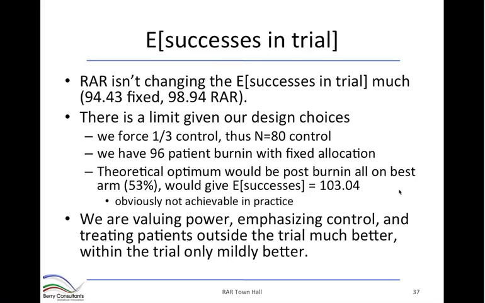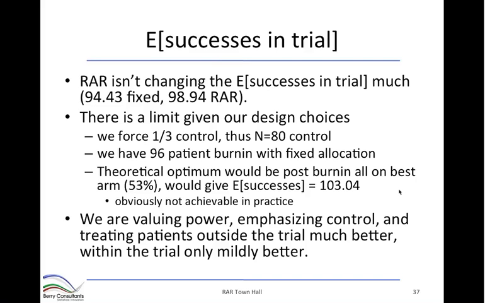So by doing that, the theoretical optimum here, given those 2 constraints, would be at the first interim, I figure out the best arm with 100% accuracy, which obviously I can't do. At best, that would give me 103 expected number of successes.